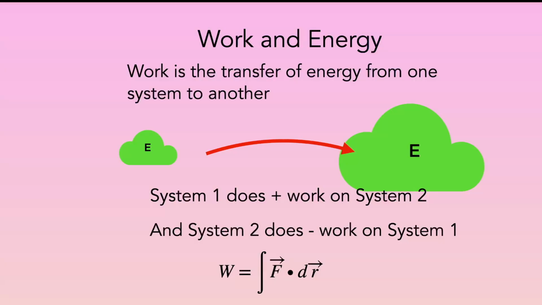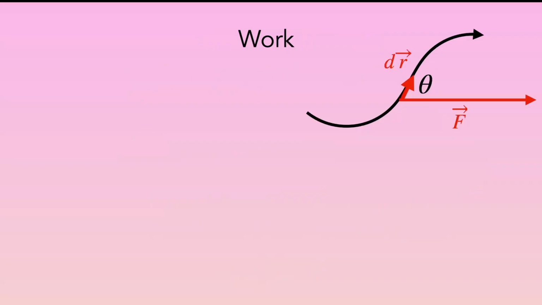We add up all the little contributions because r doesn't have to be a straight line. It can be a curved line. So for an infinitesimal element of work, it's the force on the object times the displacement of the object times the cosine of the angle in between.